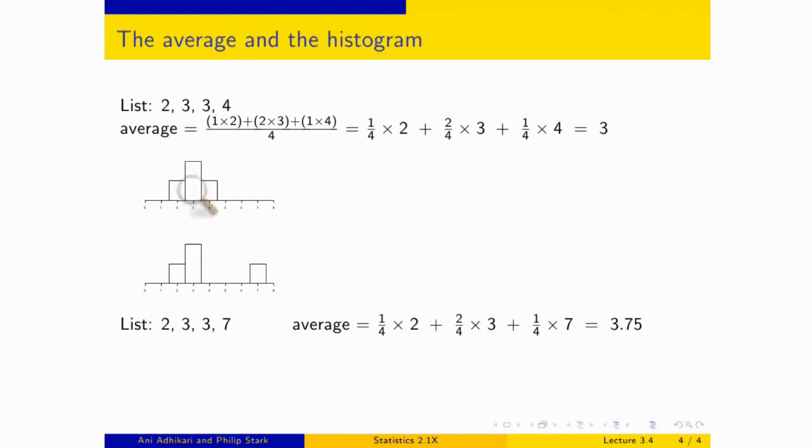And this symmetric figure will balance at its unique center, which is 3. And in that situation, both the median and the average are 3. This figure below, however, is not symmetric. If I hold my pencil at 3, this figure is not going to balance. It is going to tip over this way.